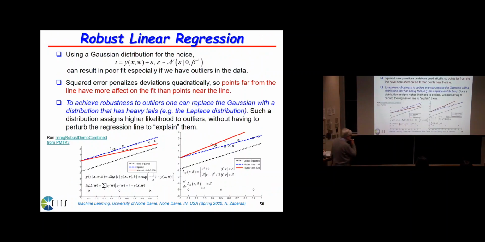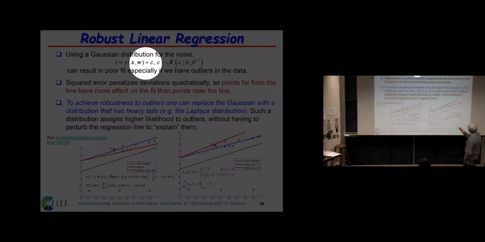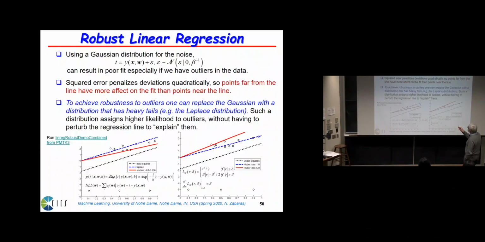I think in passing, I mentioned that in the context of maximum likelihood estimation at least, using a likelihood that is a Gaussian is not a robust method to outliers. What that means is, if you remember a Gaussian, when you look at this likelihood model, the Gaussian has a term in the exponential that is t minus y squared.